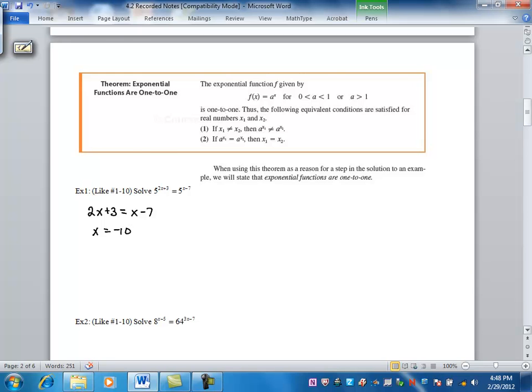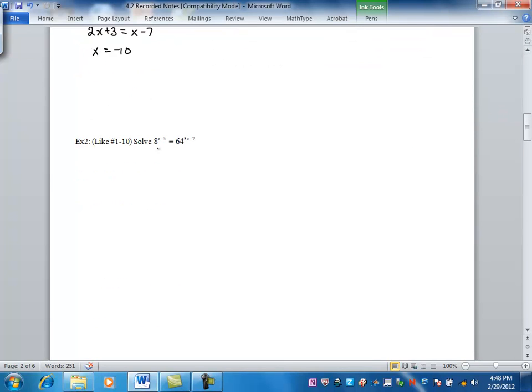Alright, we've set the exponents equal to each other. You say, well, Kevin, we don't have the same bases here. Well, that's true, but we can make that happen pretty quickly. We can note that 64 is simply 8 squared, so 8 squared to the 3x minus 7. Now we set our exponents equal to each other. x minus 5 equals 2 times 3x minus 7. And so let's see what we get.